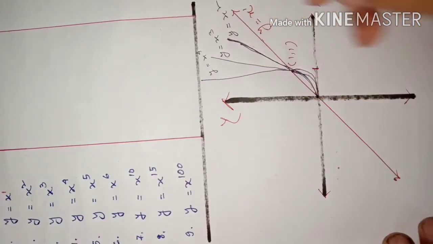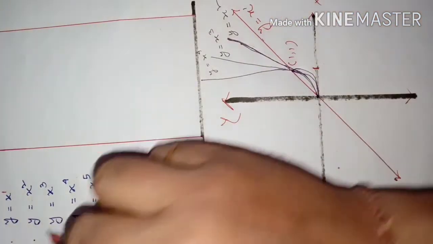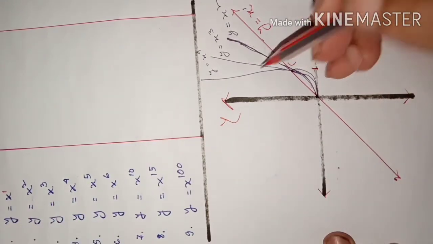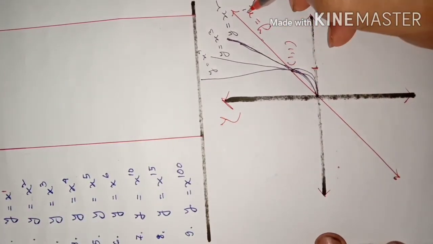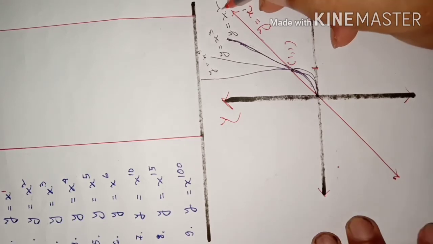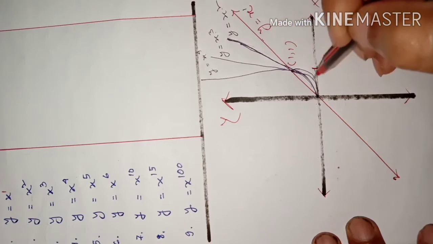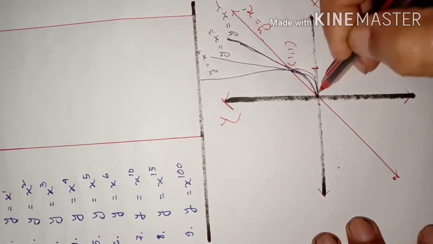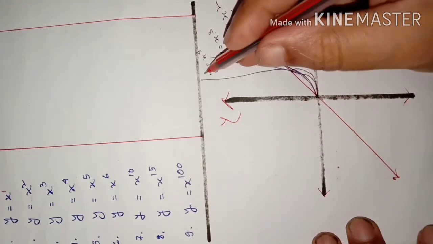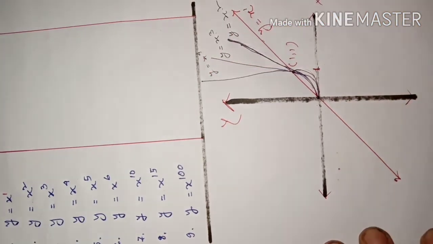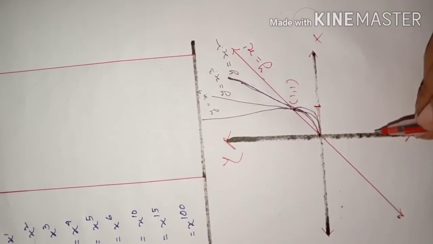Got the idea? So you see here, in polynomial functions, the higher the degree, the steeper the graph. Here the degree of this polynomial is 1, here it is 2, here it is 3, here it is 4. As the degree is getting higher and higher, the graph is becoming steeper and steeper. So this is the nature of polynomial functions. That means growth is higher when the degree is higher.